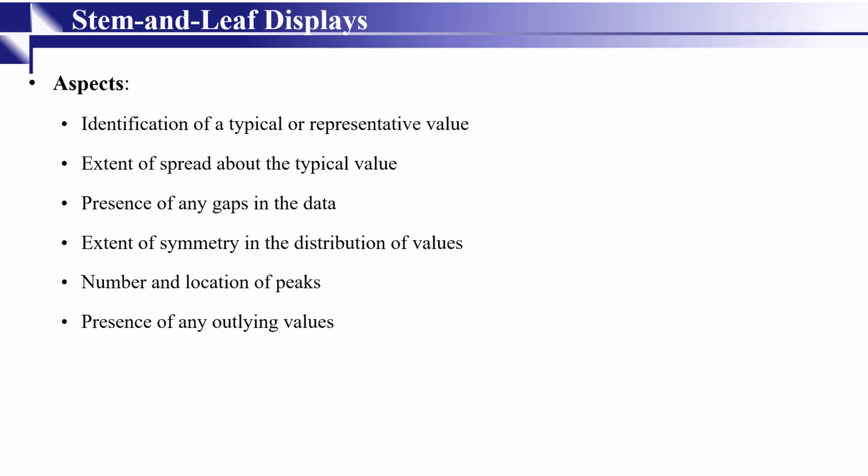It also helps with visual assessment of how symmetric or skewed the data distribution is around the typical value. It can highlight any clusters or modes in the data, revealing where values tend to concentrate. And it helps identify any outlier or extreme value that falls far outside the general pattern of the data.